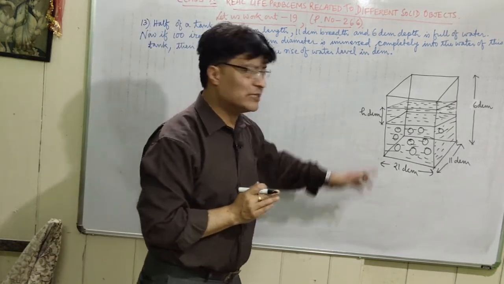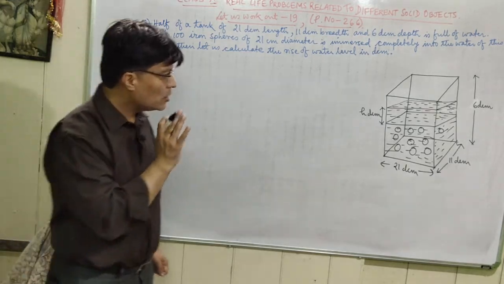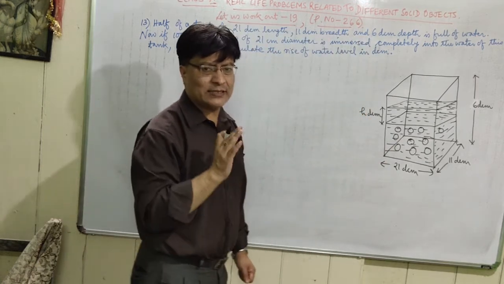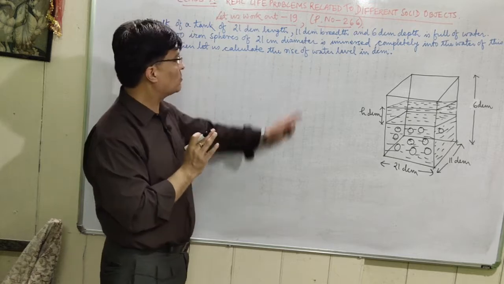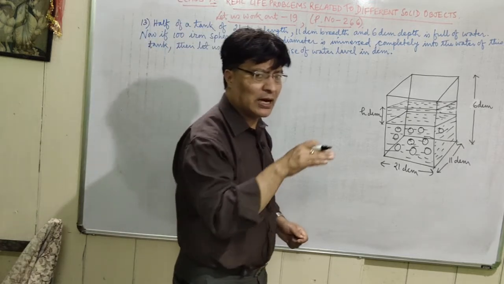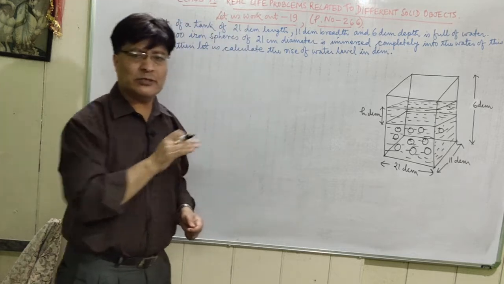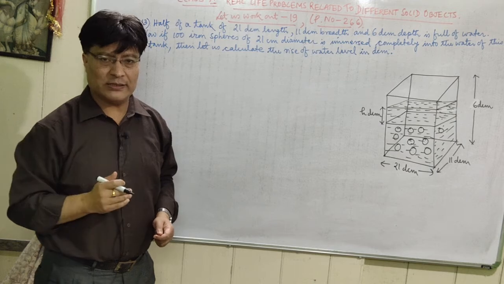Suppose 8 decimeter is the height of the water level raised. So in this case, what happens is that those 100 spheres, each of diameter 21 centimeter, are immersed into that water. So if 100 spheres are immersed into that water, naturally the height of the water level will be raised.